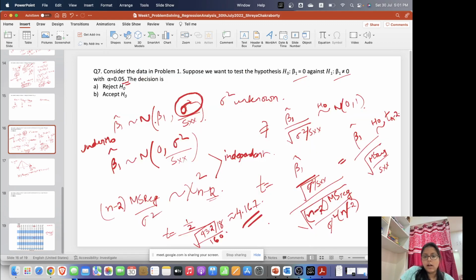Now here my rejection region was if mod t is greater than t_{n-2, alpha/2}. So this point is 2.101 and our observed T is 4.167.